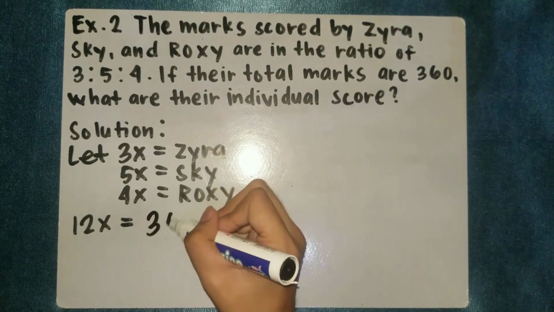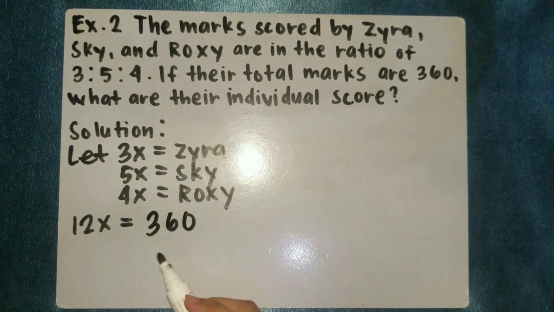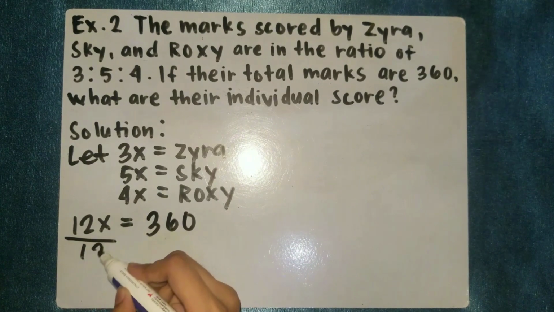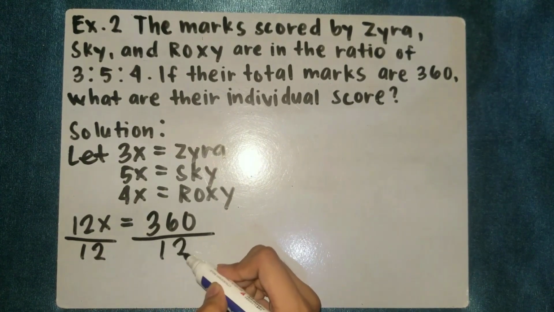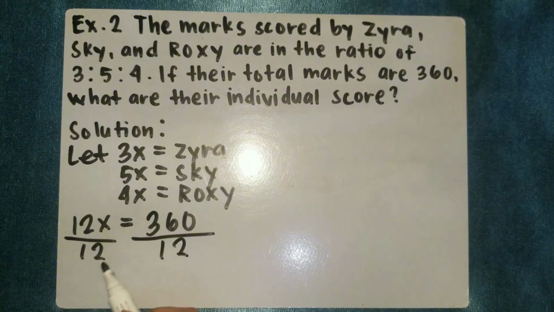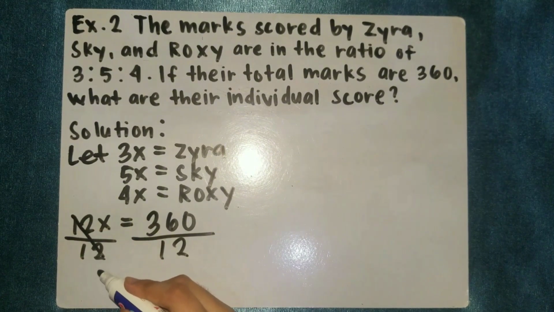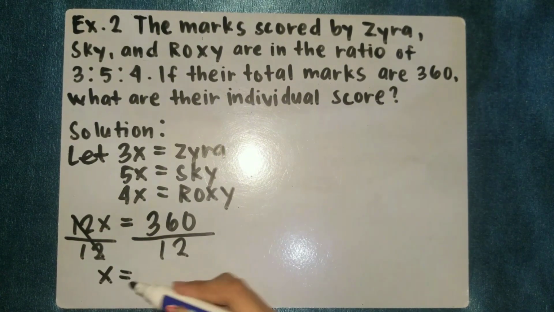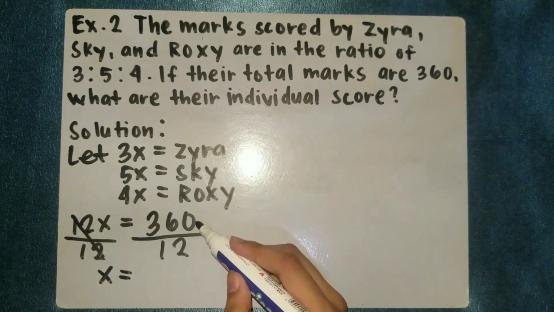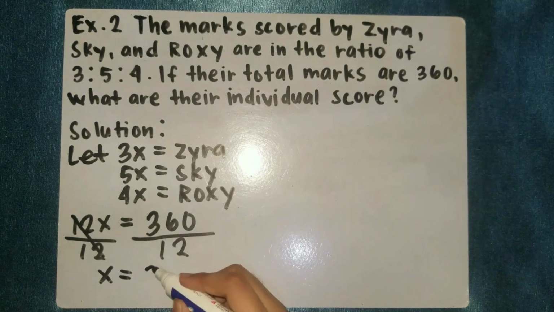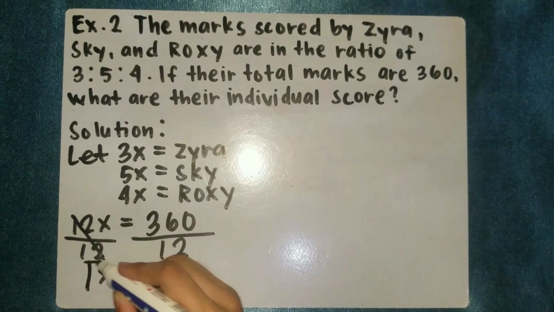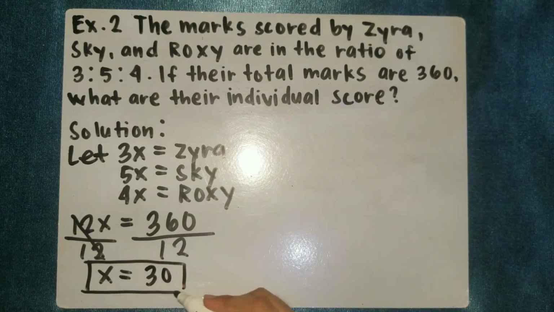So 360. The next, we will solve for x. 12x divided by 12, cancel, x na lang yung matitira. Equal 360 divided by 12 equal 30. So, ito na ngayon yung value ng ating x.